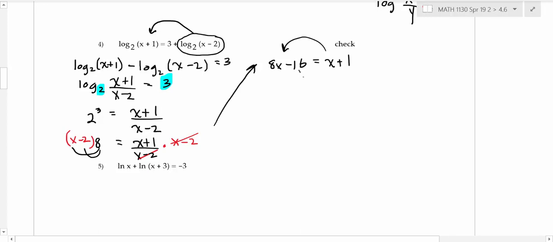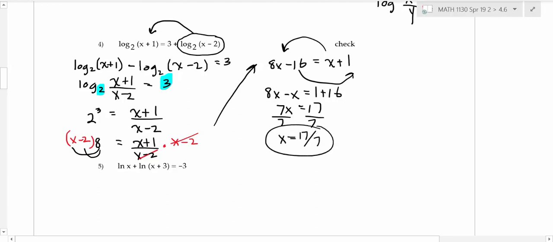I'm going to move the x. I'm going to move the 16, like that. So I would get 8x minus x equals 1 plus 16. So that's 7x is 17. Then I can divide both sides by 7. So I get x equals 17 over 7. Okay, like that.